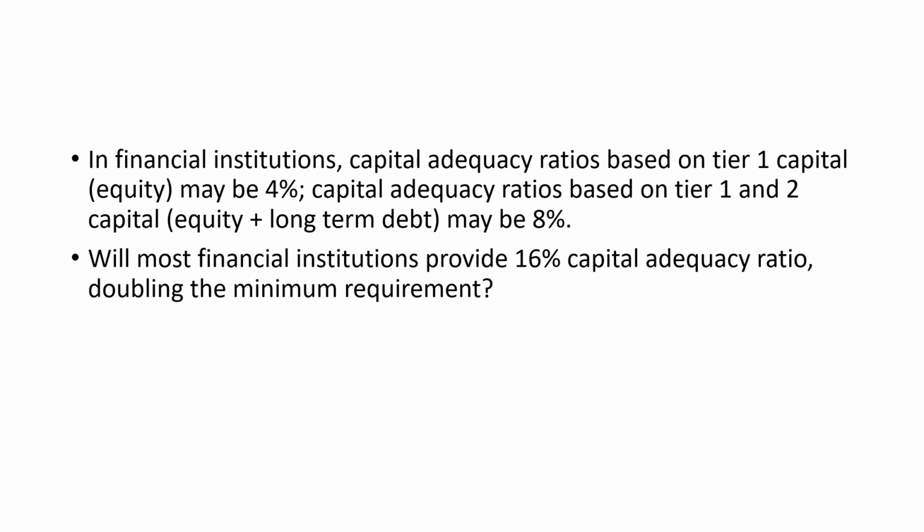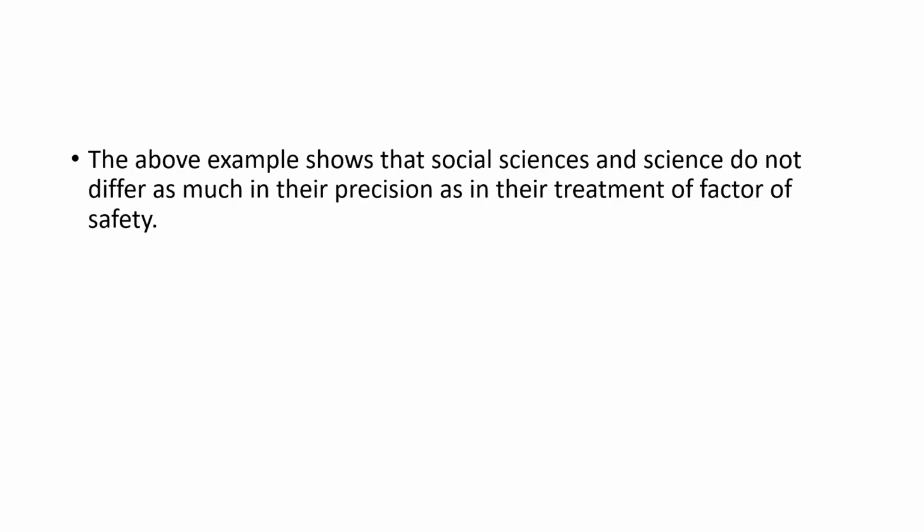Will most financial institutions provide a 16% capital adequacy ratio, doubling the minimum requirement? The above example shows that social sciences and science do not differ as much in their precision as in their treatment of the factor of safety.